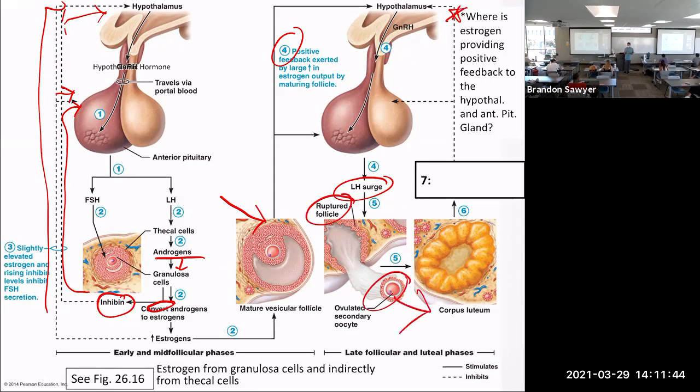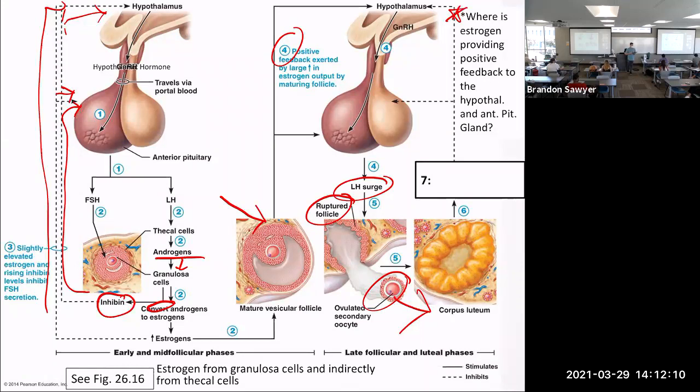So what really stimulates ovulation is that flipping from negative feedback to positive feedback with a massive amount of estrogen release, causing the LH surge, which causes the follicle to rupture and ovulation. So somewhere there, 4 or 5, it doesn't matter that much which one you chose, as long as you understand the concept that it flips to positive feedback.